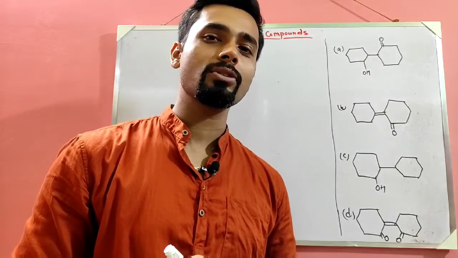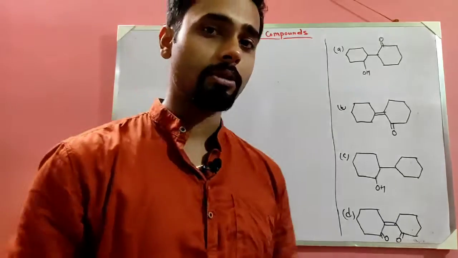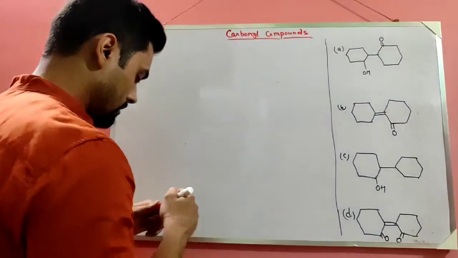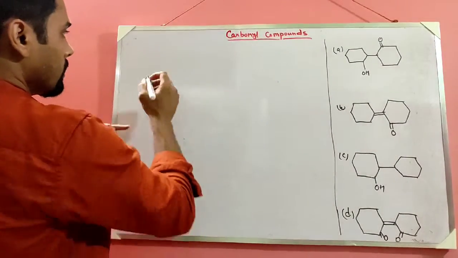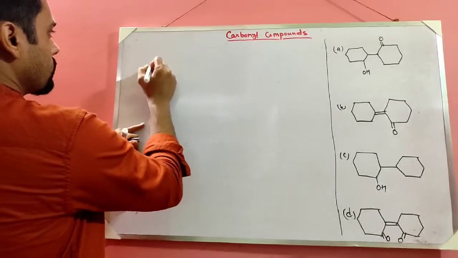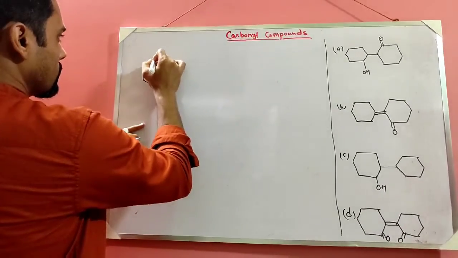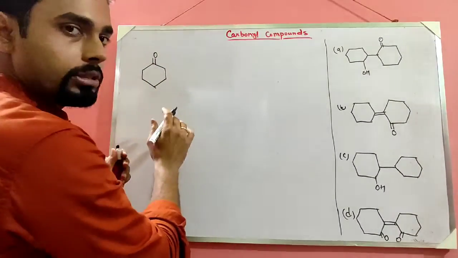This reaction is known as aldol condensation. It is a self condensation reaction, where the same molecules react with each other. So let's start. This is the formula of cyclohexanone. Two molecules of cyclohexanone react with each other.